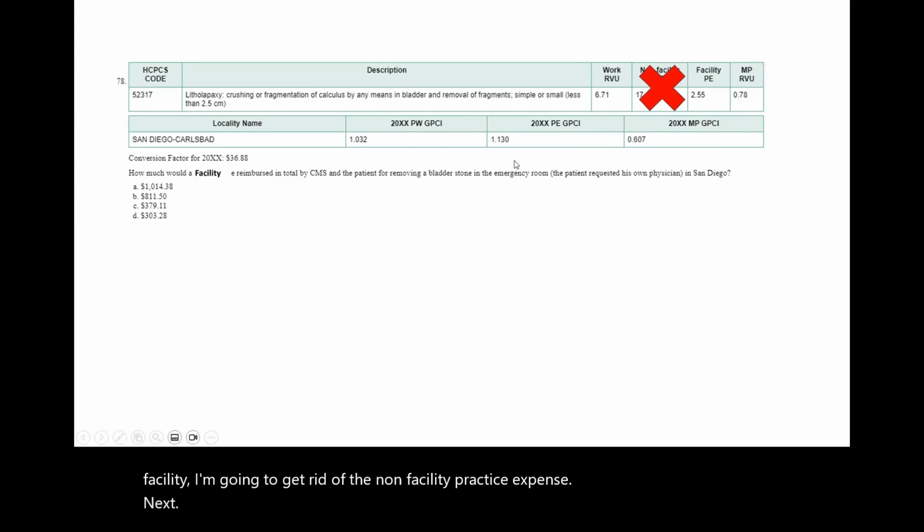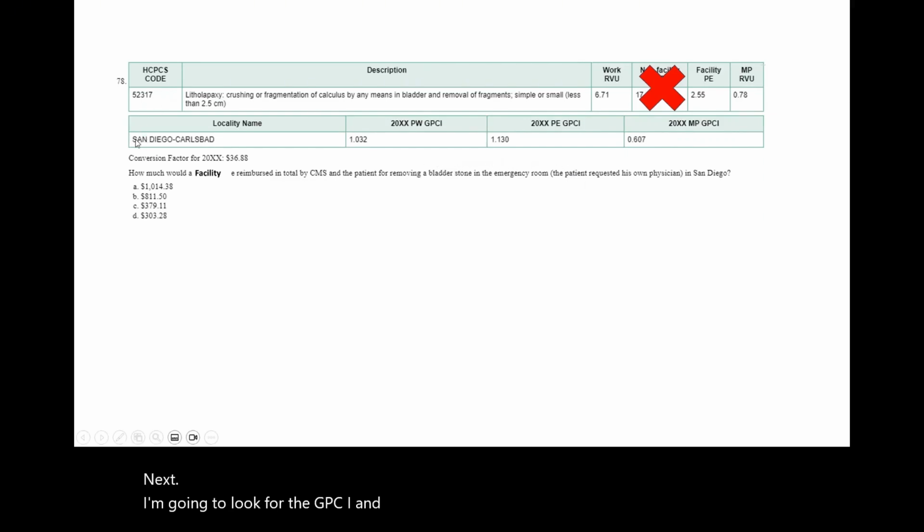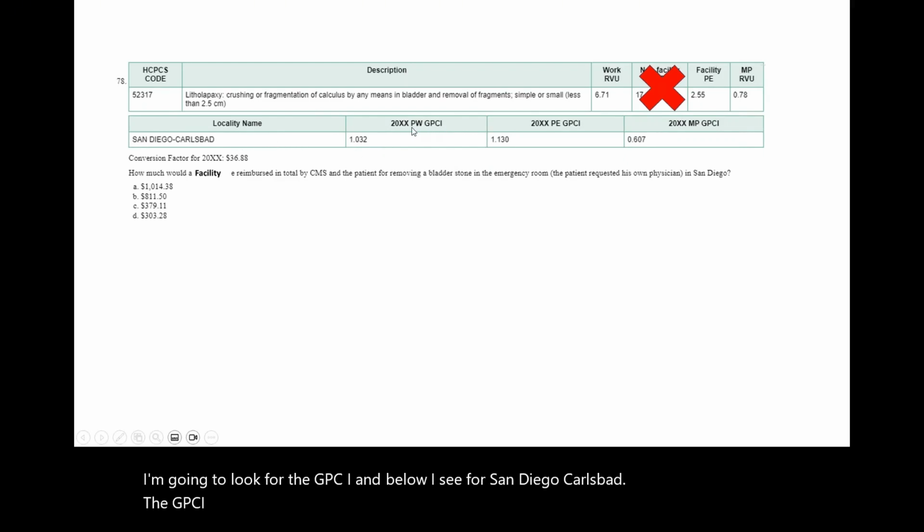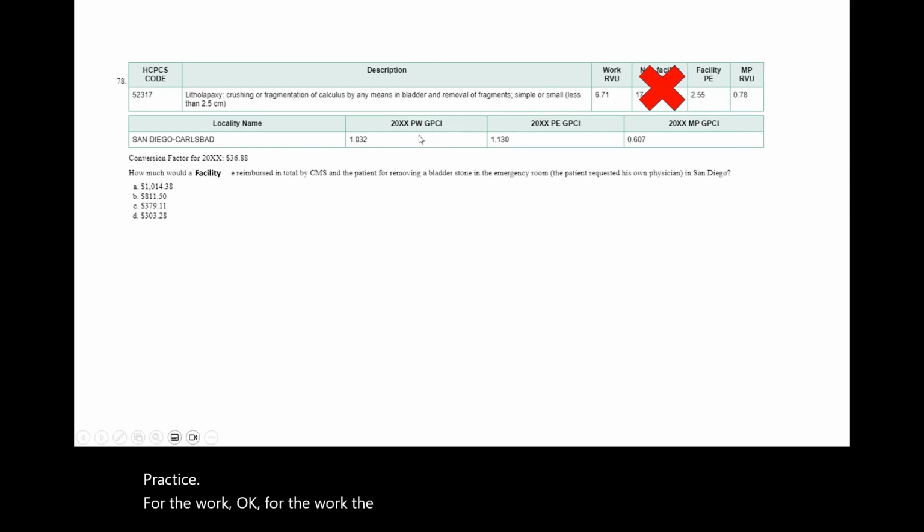Next, I'm going to look for the GPCI, and below I see for San Diego Carlsbad, the GPCI for the work is 1.032.